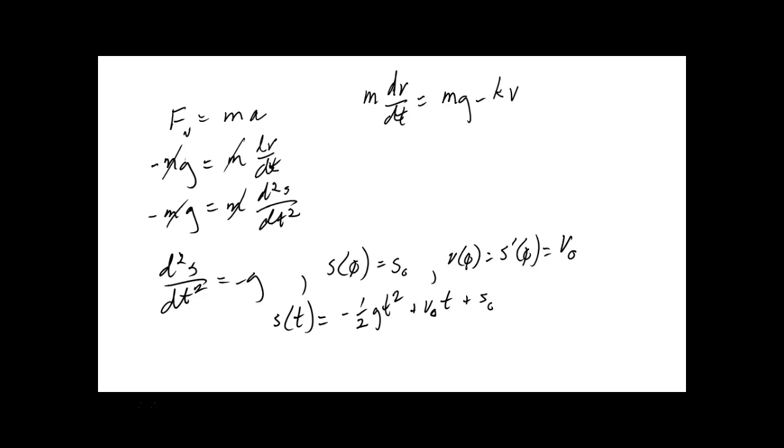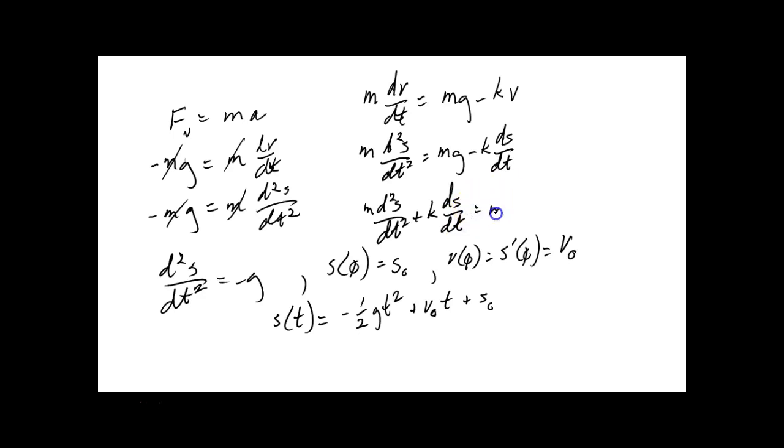Now, if you then got this v back down to s's, then this would be m times d²s/dt², just like we did before, is equal to, and they just are leaving this as mg, and this would then be minus k ds/dt, because your velocity is time rate of change of displacement. Okay? And then you could rearrange that and have m d²s/dt² plus k ds/dt, and then they put equal mg.